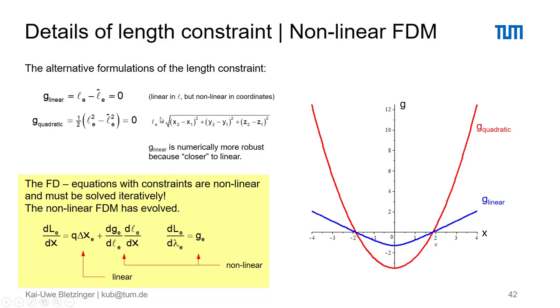Yes, indeed, that at least is a nonlinear relation. The second part of the extended set of equations stems from the derivatives of the Lagrange function with respect to the Lagrange multiplier, where we just receive back the constraint, and again the constraint, look above, nonlinear functions in terms of the free variables.